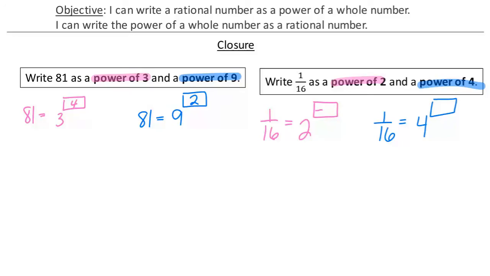No. -4. Good. And then 1/16 is 4 to the what? -2. So I wanted you guys to notice that again, fractions are negative exponents. And for closure, sometimes you can have different numbers with different bases.